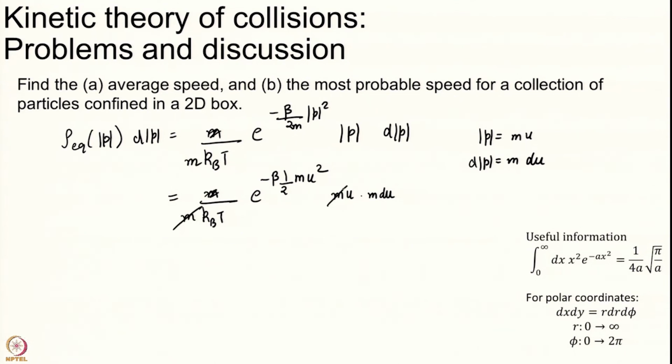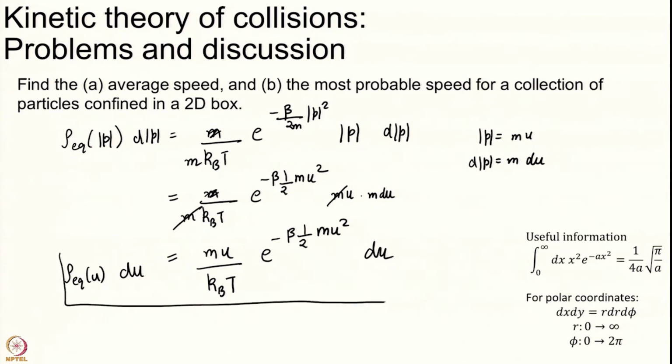So, one m is supposed to cancel and I get mu over kBt e to the power of minus beta half m u square du. So, once we have found the equilibrium density, we will then find the average speed and most probable speed.